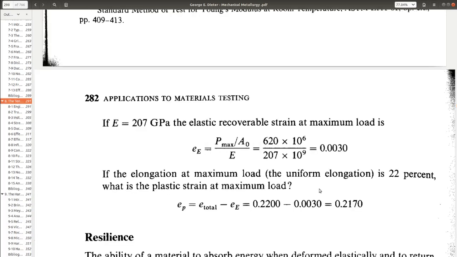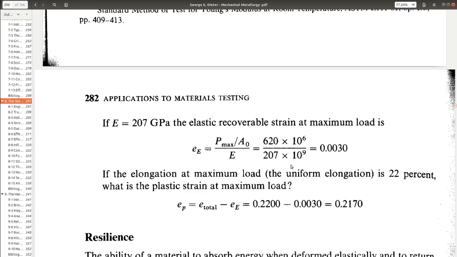Now the question is, if E is equal to 207 GPa, what is the elastic recoverable strain at maximum load? Which means I have reached maximum load and then I start unloading.